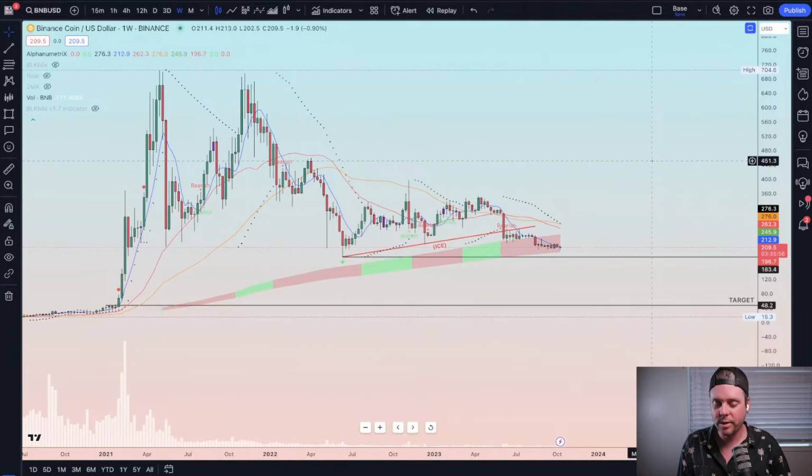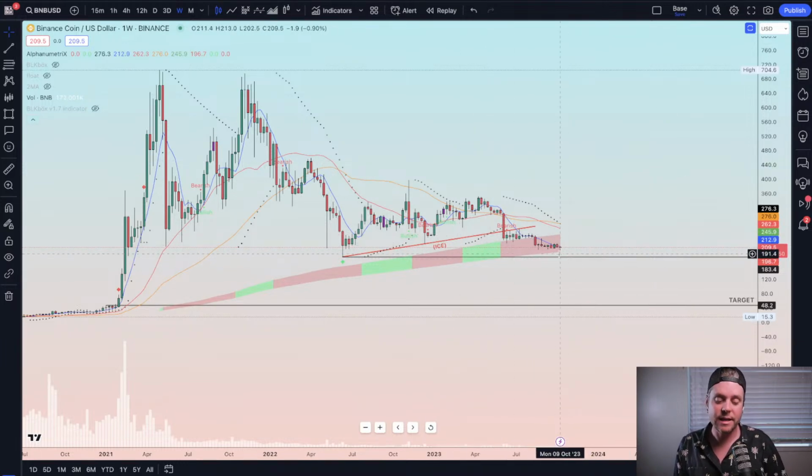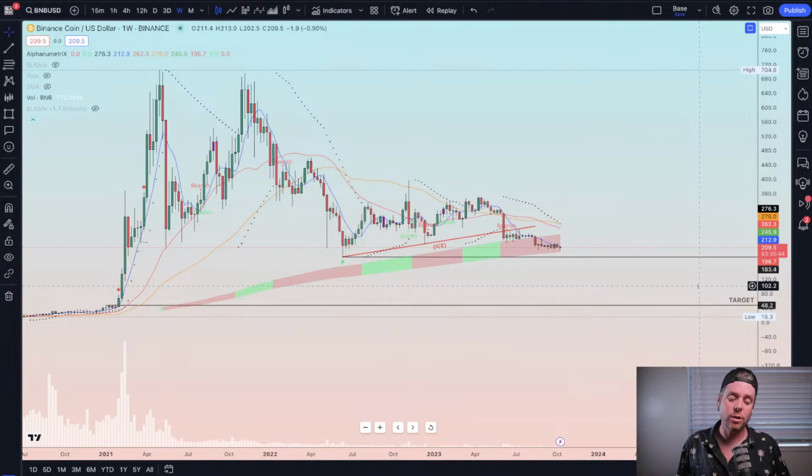This is a manipulated market, and it's getting harder and harder to hold this price up. I anticipate that if this support level at $183 for the price of BNB is lost, it is going to $48. If 183 is broken with a weekly candle close, it's going to $48.